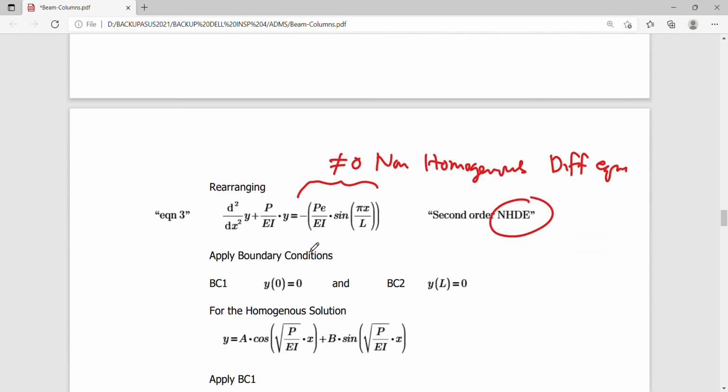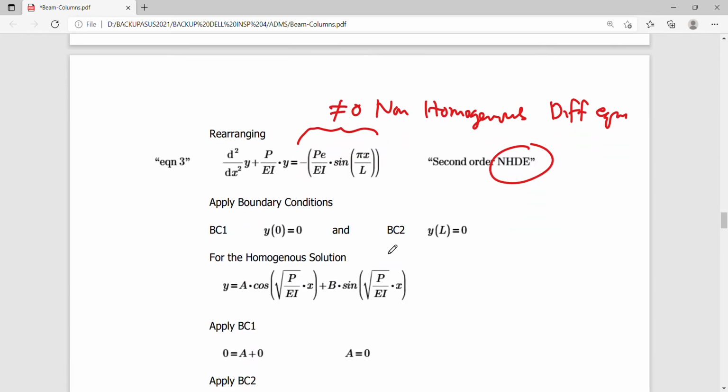But we all know that a differential equation can be solved. A non-homogeneous differential equation can be solved by considering first the homogeneous part, solving a solution on the homogeneous part, and then adding it to the particular solution.